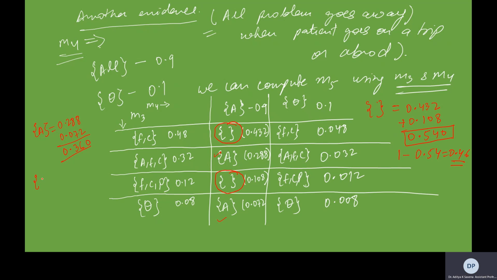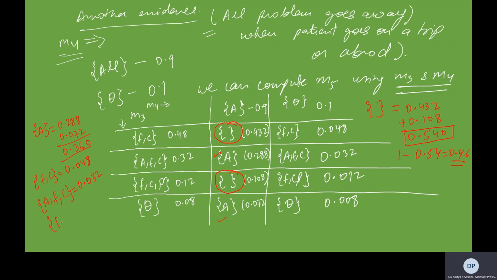What is the allergy? For allergy we got it. For FC, any double value of FC? No. For FC we have 0.048. For AFC, we can see that we have 0.032.